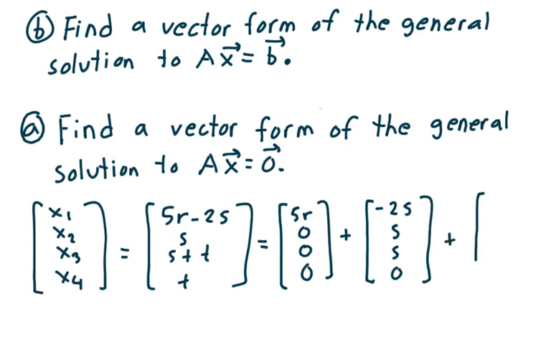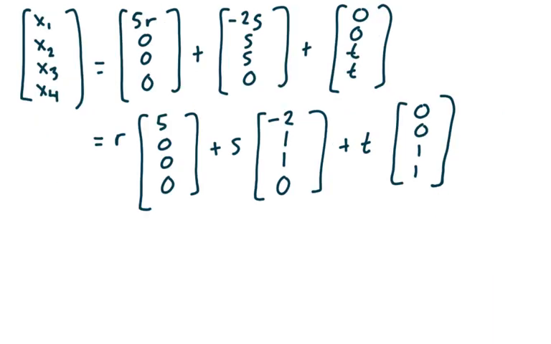Plus. Then I'm going to go 0 for the first entry, 0, t, t. And so that's basically what I did over here. So I have the column vector (x1, x2, x3, x4).